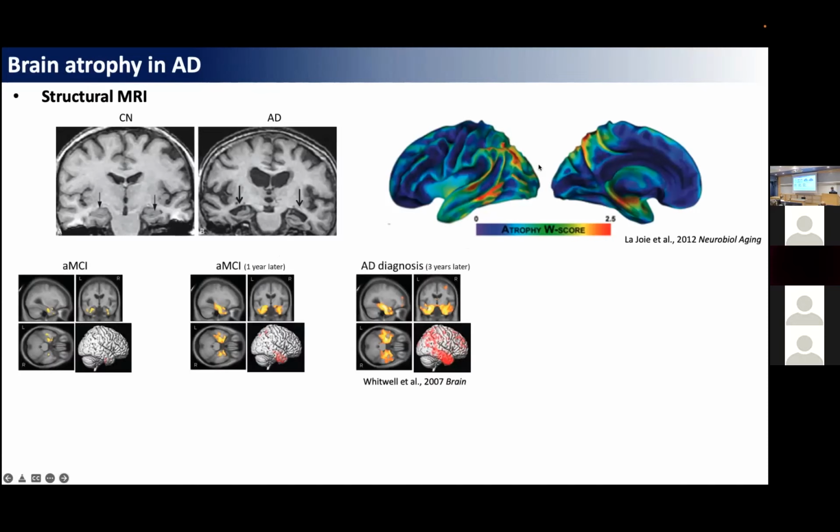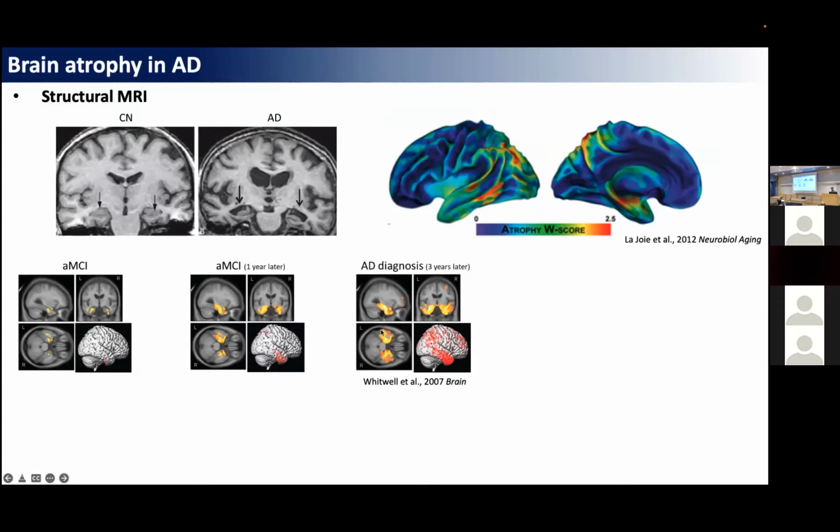So in this study, Whitwell et al. followed patients for 3 years, and at baseline, the patients were not demented, and the atrophy was restricted to the medial temporal lobe. And then they were scanned 1 year later, and the atrophy had progressed in the medial temporal lobe.